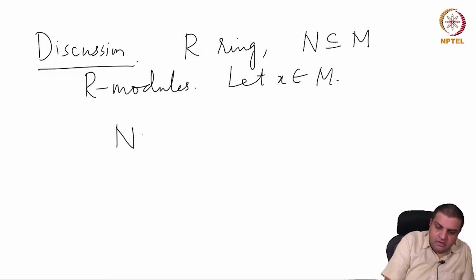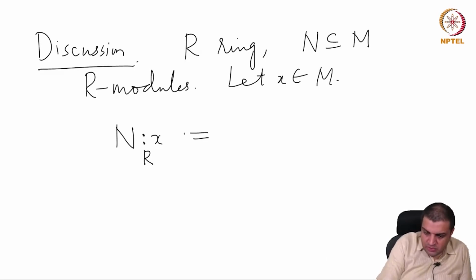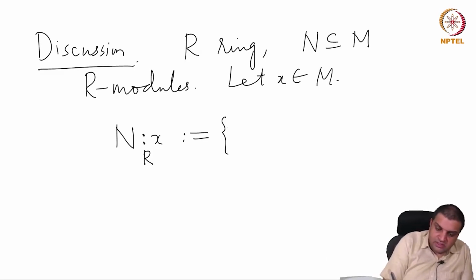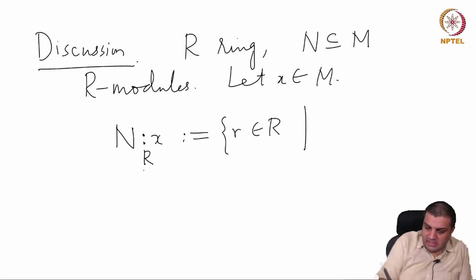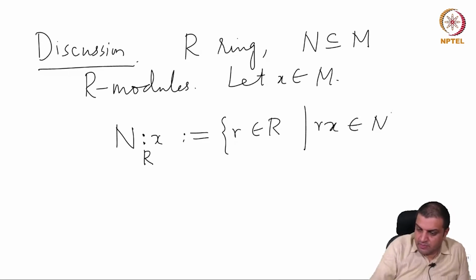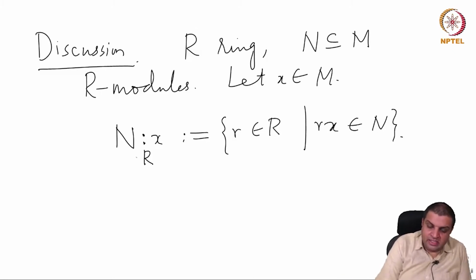We write N colon subscript R x, and by definition this means all the elements r in R such that rx is inside N. This is read as N colon x, and if you want to be specific, N colon x over R. Okay, so this is a notation.